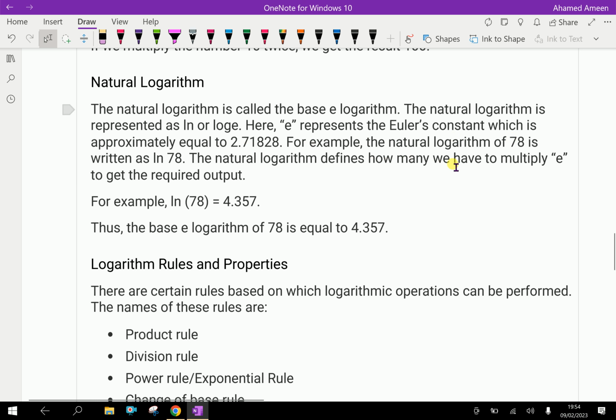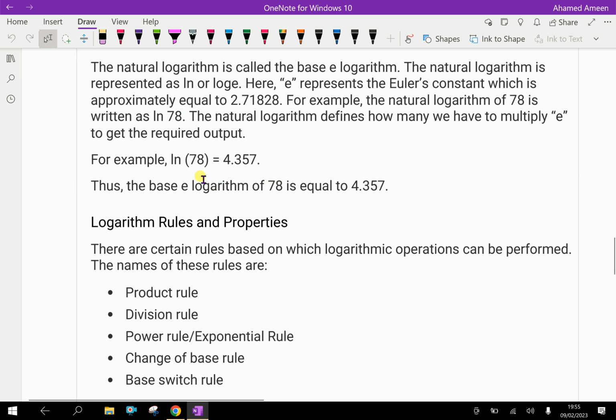For example, the natural logarithm of 78 is written as ln 78. It means the base is e here. The natural logarithm defines how many times we have to multiply e to get the required output. That means e must be multiplied how many times to get 78.